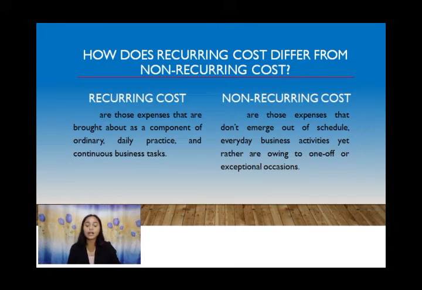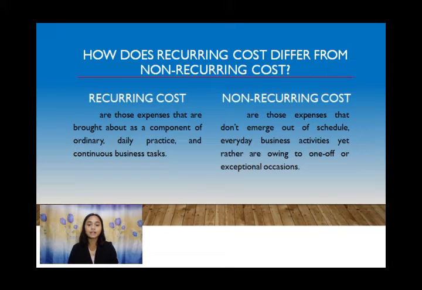Non-recurring costs are consequently rare in nature and not expected to be repeated. Non-recurring costs can be brought about because of a few reasons, which might include uncommon occasions, changes in accounting principle, and closing down or starting up an office or a specific activity.